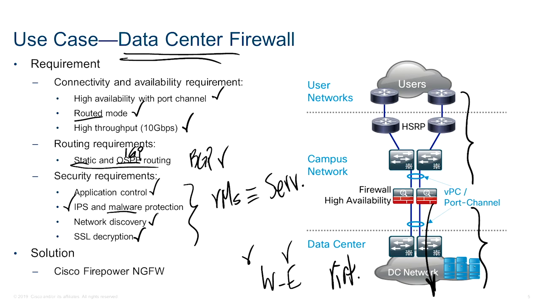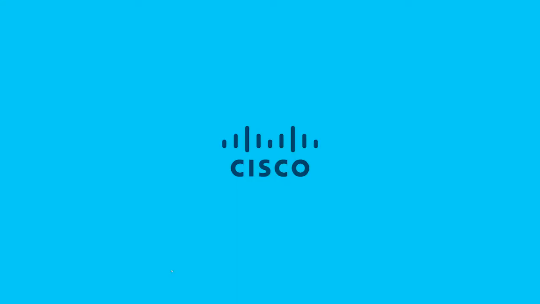And then last but not least, because this being our data center down here with our servers and services, I want to be able to discover those servers and services and provide network map information. And last but not least, the platform, the solution for this data center use case is again going to be the Firepower Next Generation Firewall.